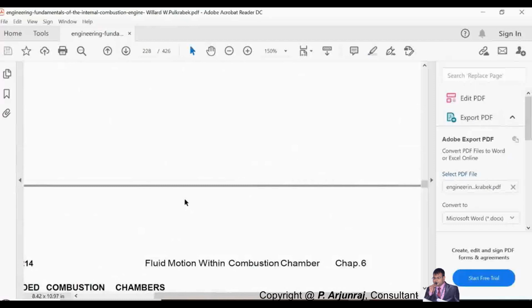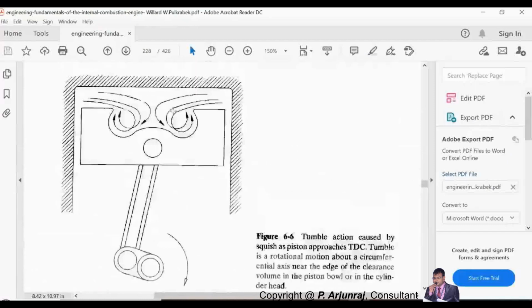What is important is that you ensure you do not have a large amount of reverse backflow. When you have reverse squish, it will affect the performance. During compression, when the piston is moving from BDC to TDC, you will not have a sufficient amount of air-fuel mixture or air to compress.